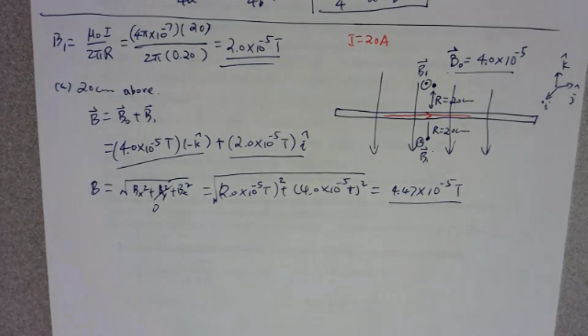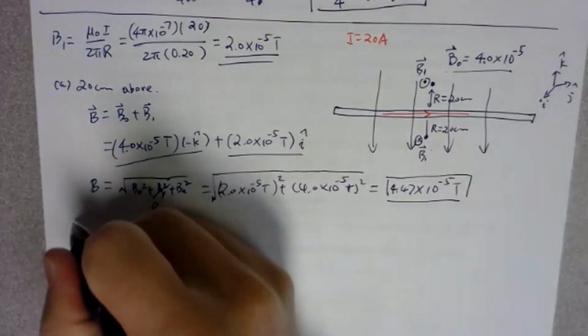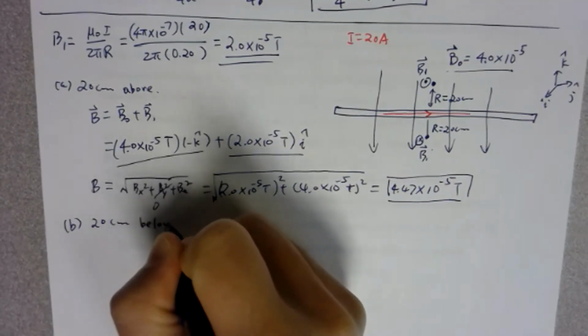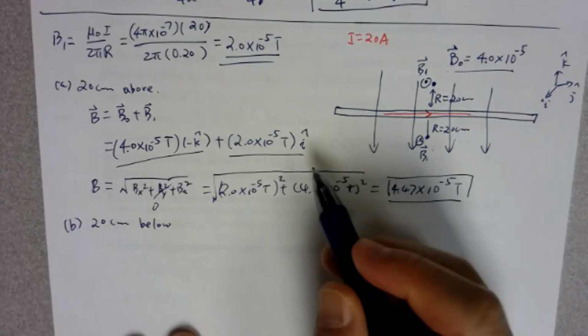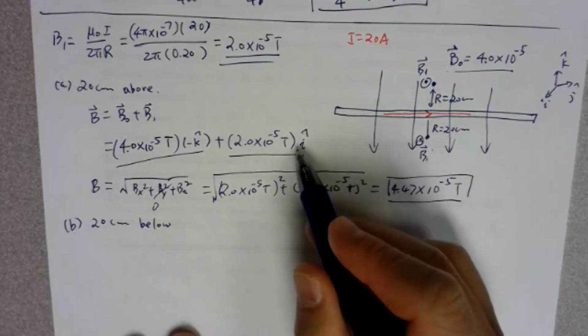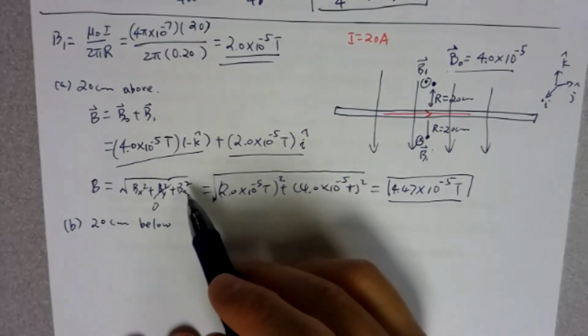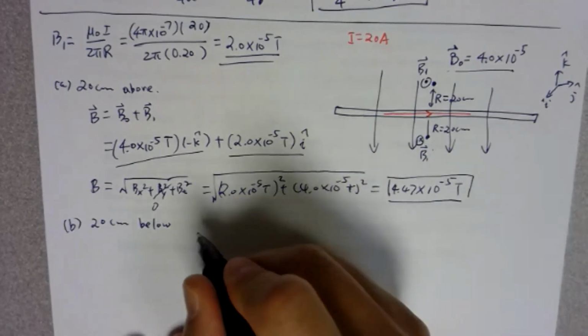The magnitude will be the same for part B, 20 centimeters below, because the direction of this component simply becomes minus, but you still take the square root of the X component squared and the Z component squared. The minus is squared, so it will be the same.